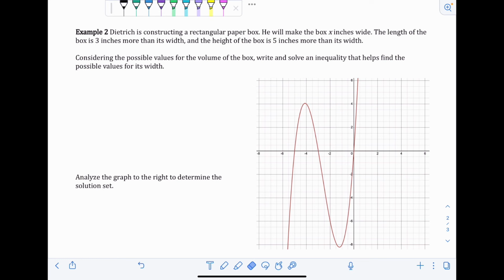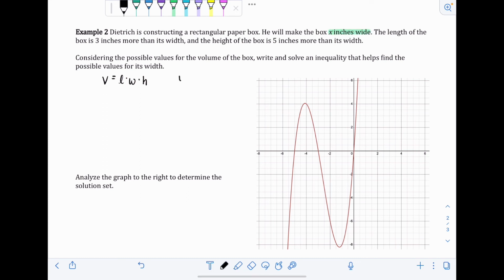That's the formula for a rectangular prism, which is volume equals length times width times height. And then in the second sentence, they start to tell us how to describe our length, width, and height. So it says he will make the box X inches wide.